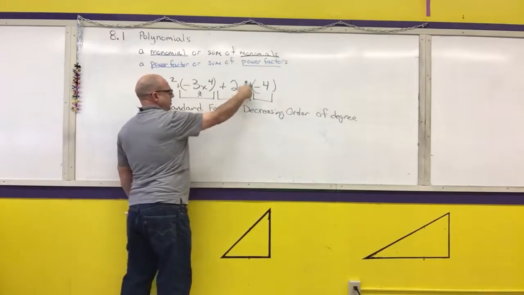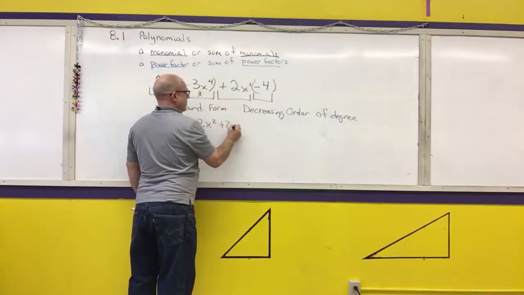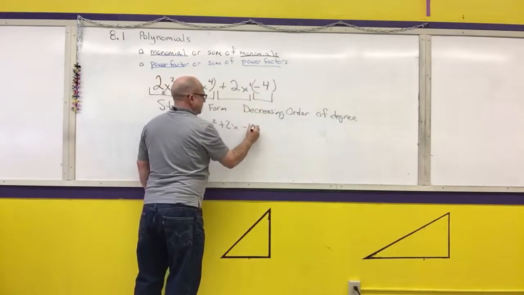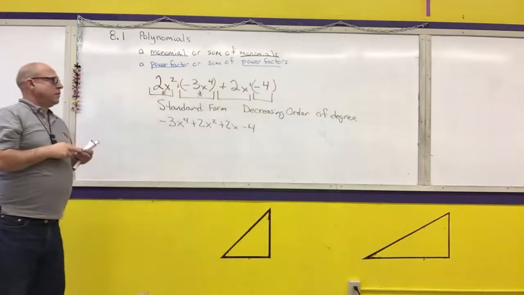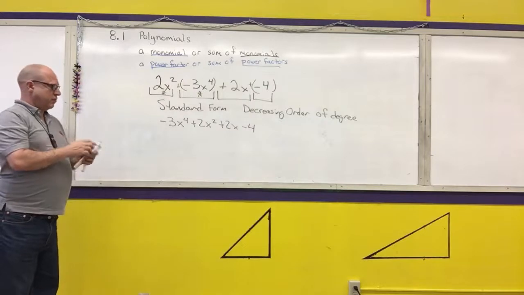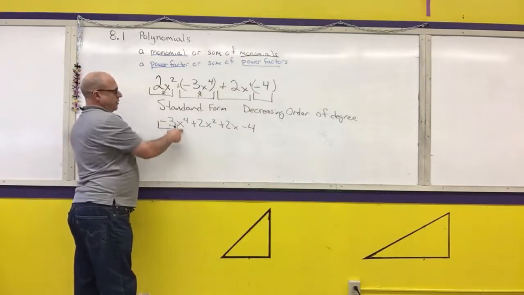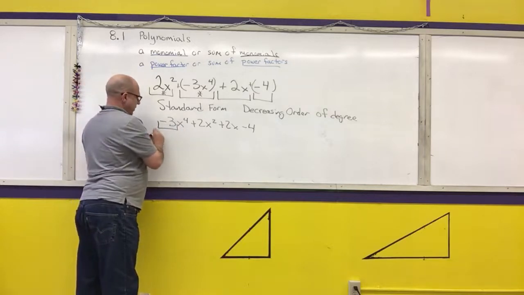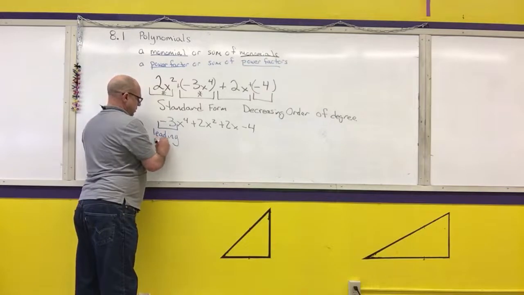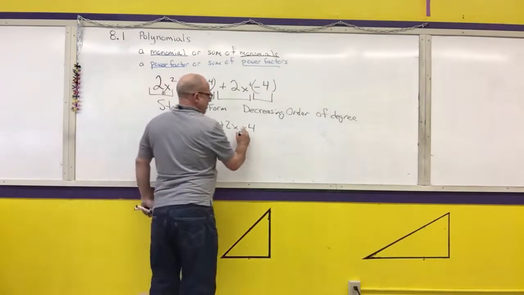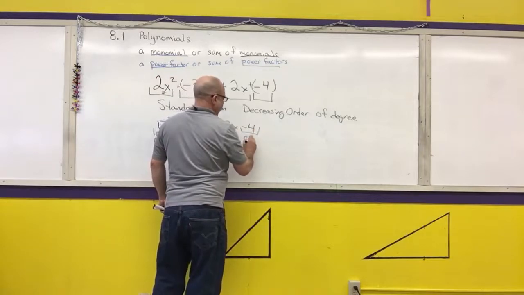Then the x term, and then the constant term. When a polynomial is in standard form, the coefficient in front of the first term would be called the leading coefficient. And the last part would be called our constant term.